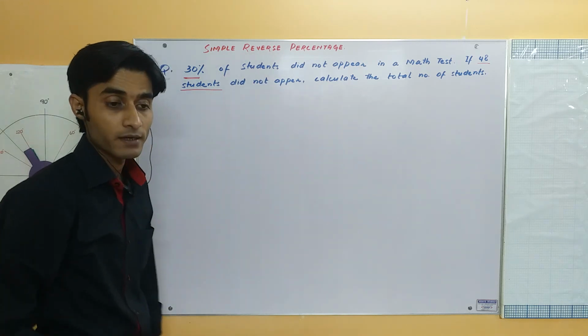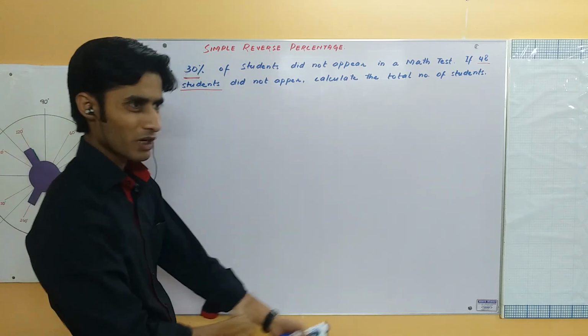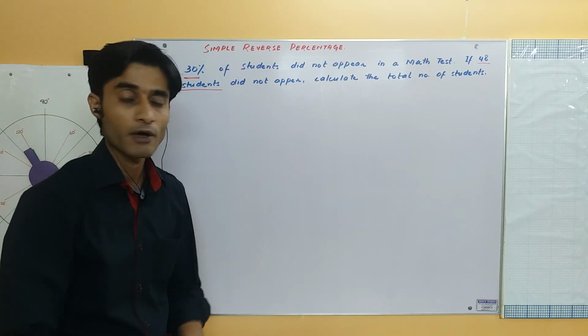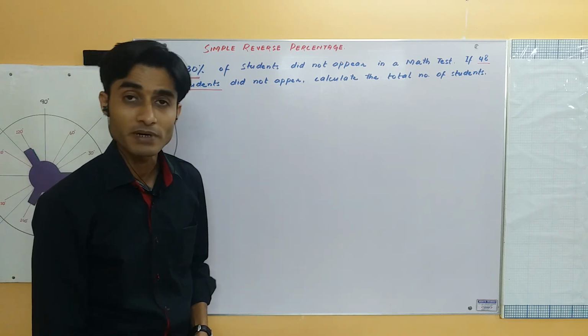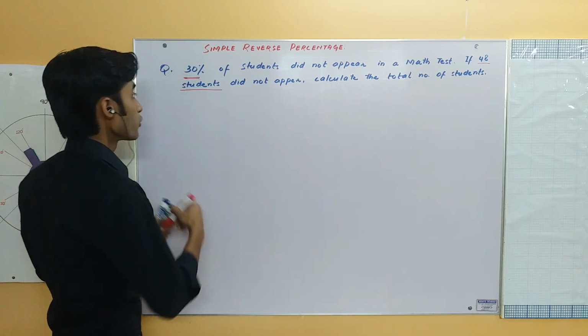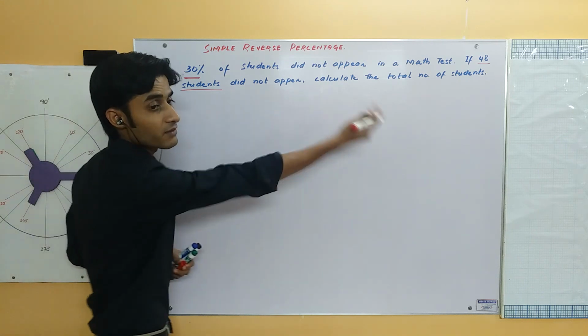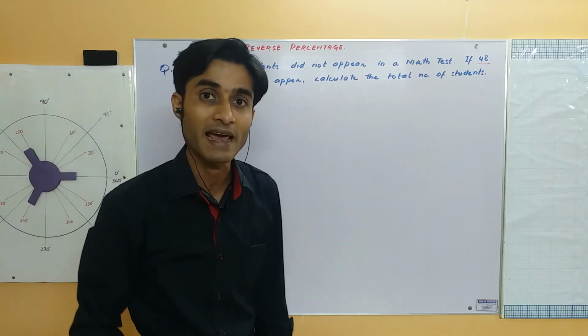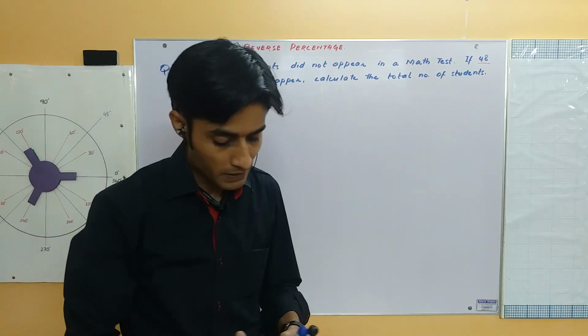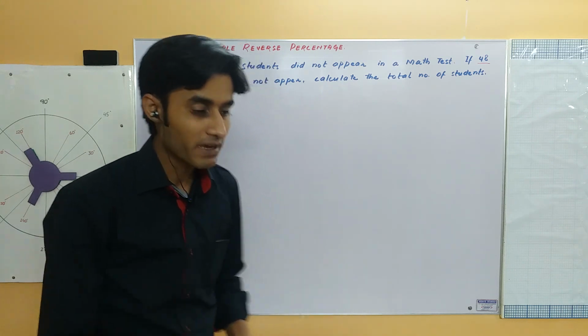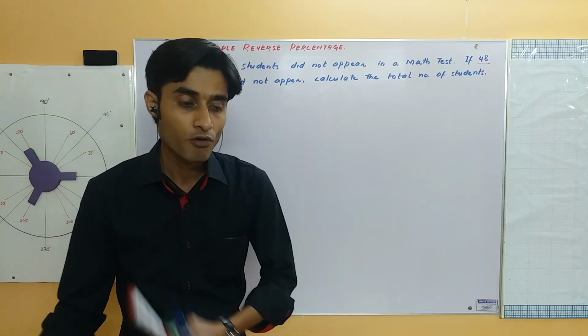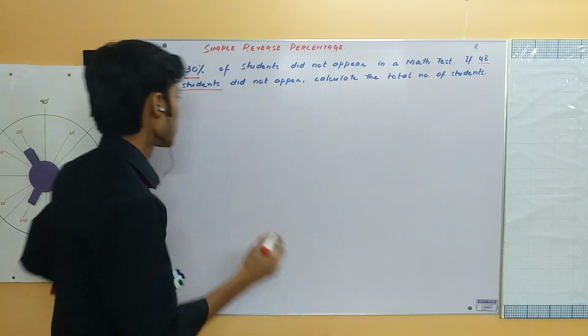Does that mean 30% of 48? It obviously does not. In 30% there are 48 students. Is that clear?